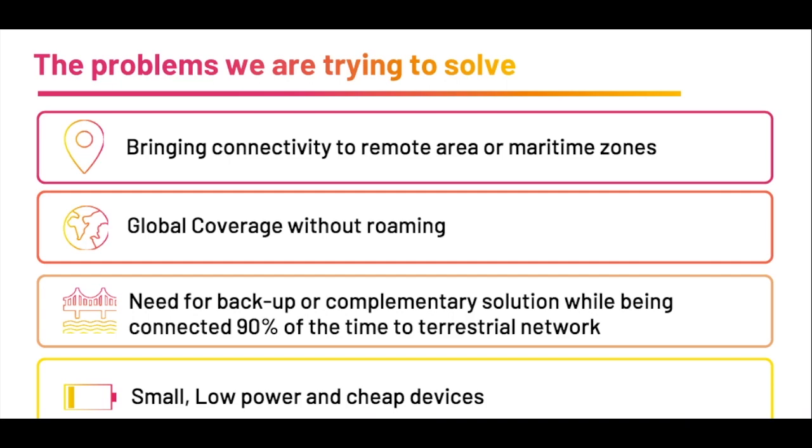So we're trying to solve some issues with satellite connectivity. We can bring a new connectivity to remote areas or maritime zones where a terrestrial network is not available and will never be available. It obviously offers a global coverage without having to deal with roaming issues.